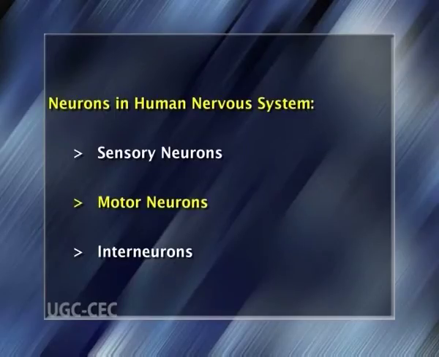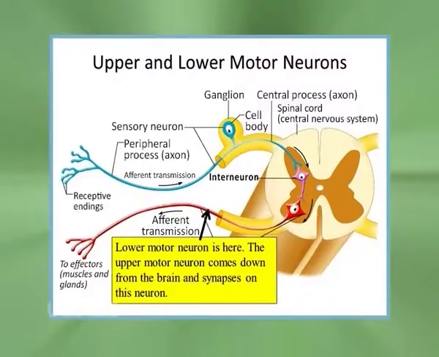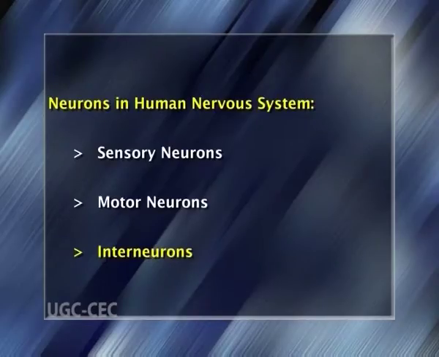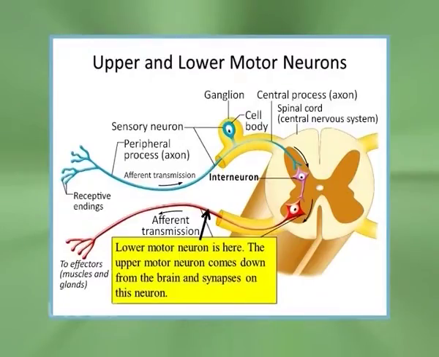Now, motor neurons. Motor neurons get information from other neurons and convey commands to our muscles, organs, and glands. For instance, if we picked up a hot coal, the motor neurons innervating the muscles in our fingers would cause our hand to let go. Now, interneurons. Interneurons, which are found only in the central nervous system, connect one neuron to another.